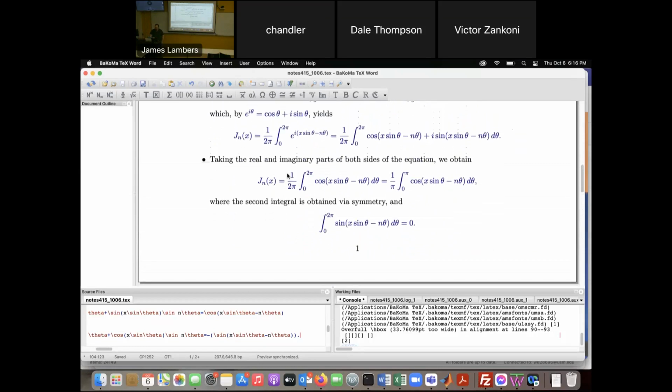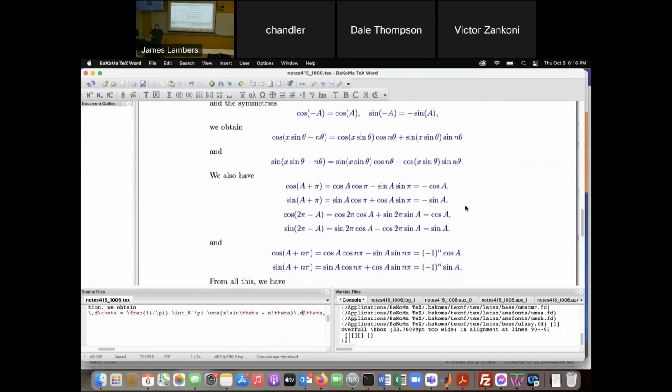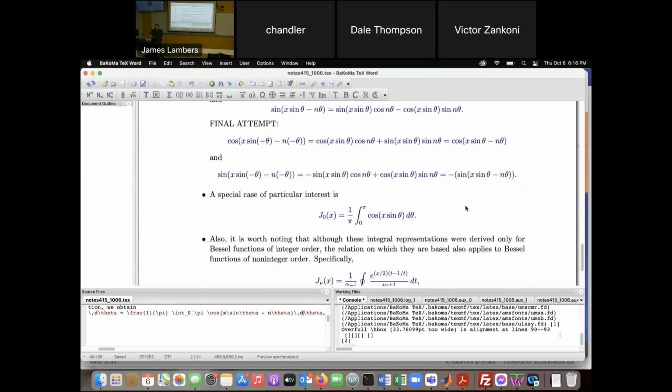Now, the point is, Jn is now equal to this, the integral of a real-valued function. And if I set n equals 0, here I have J0.